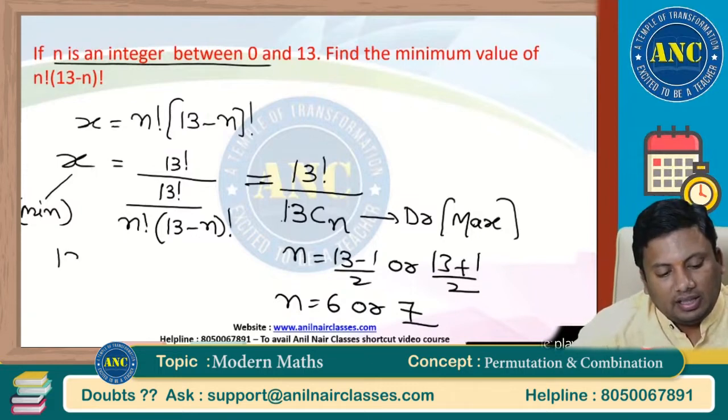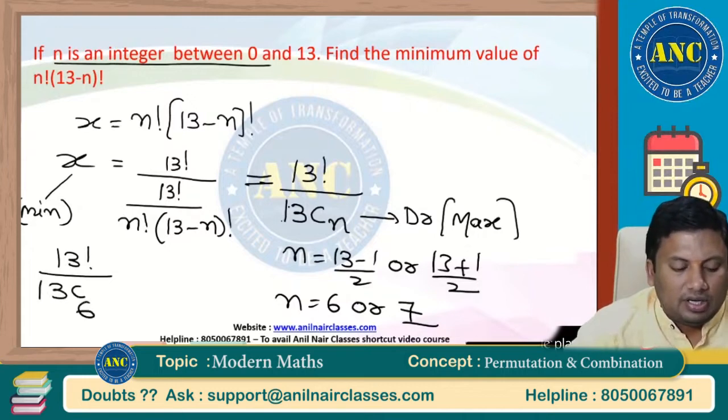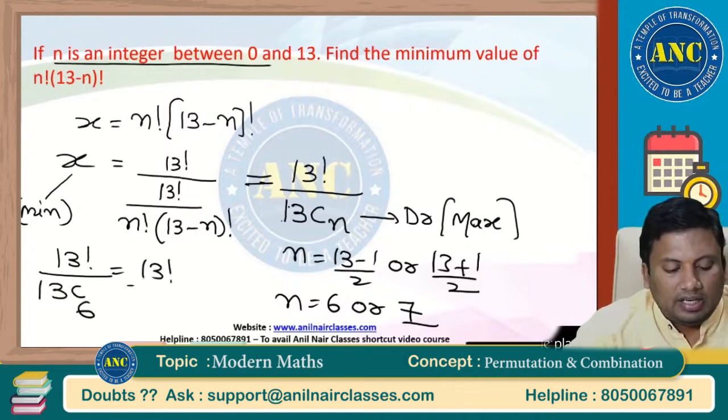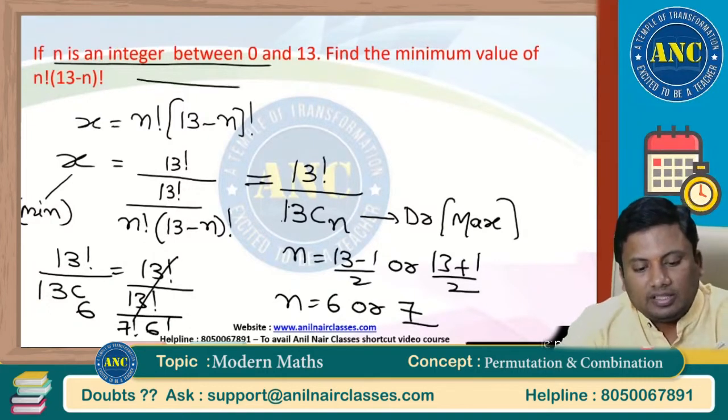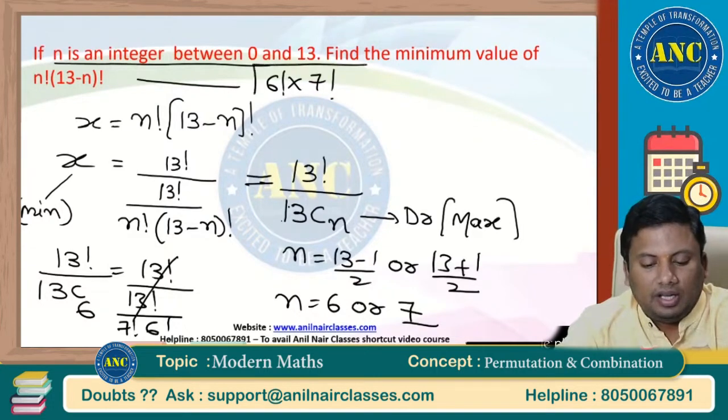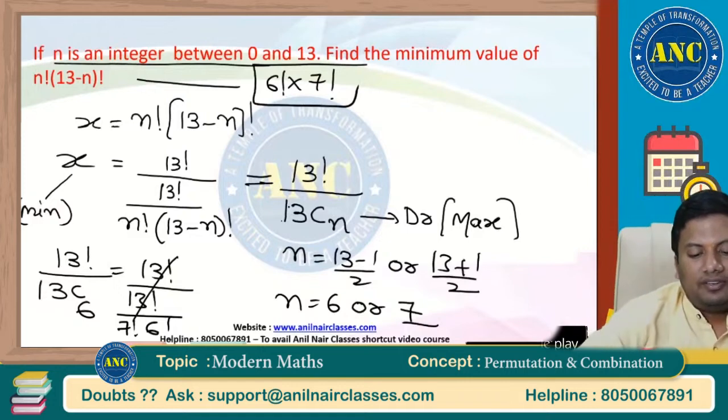So, answer is nothing but 13 factorial by 13C6. So, this is nothing but 13 factorial by 13 factorial by 7 factorial 6 factorial. So, answer for this question is 6 factorial into 7 factorial.